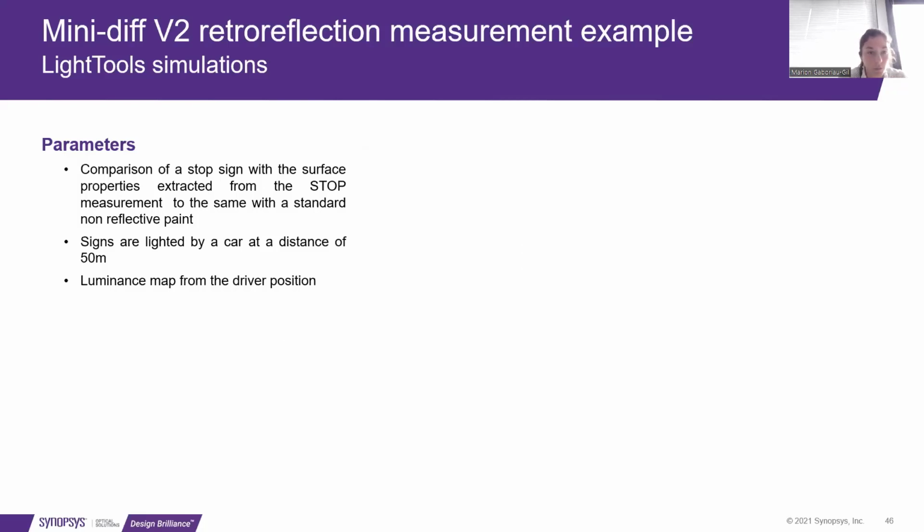from measurements. We are going to compare the stop sign with the surface property extracted from the stop measurements to the same sign with a standard non-reflective paint. Both signs are illuminated by a car at a distance of 50 meters, and we are going to calculate the luminance map from the driver position.